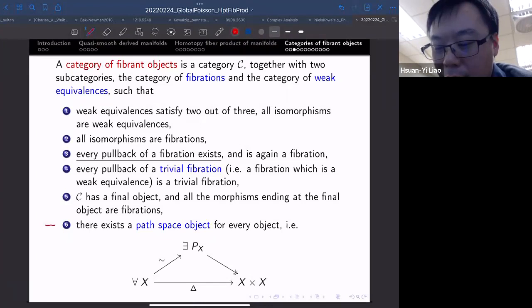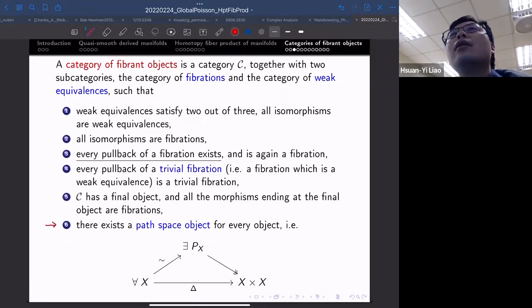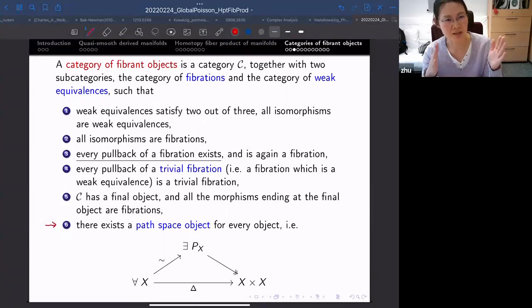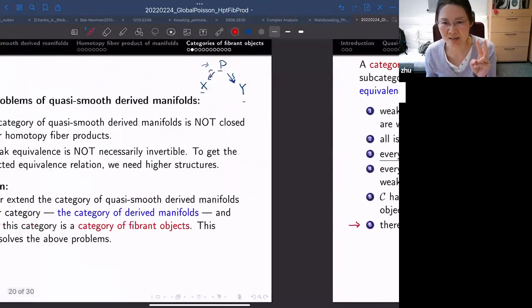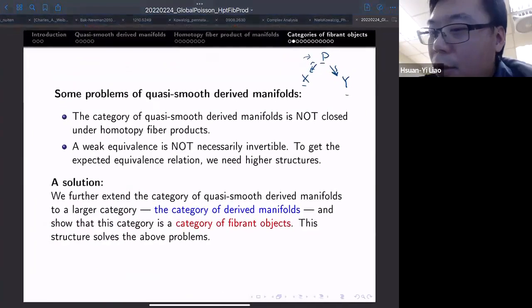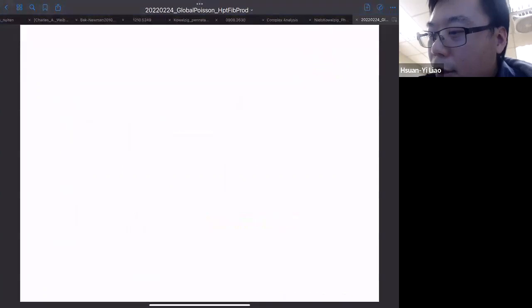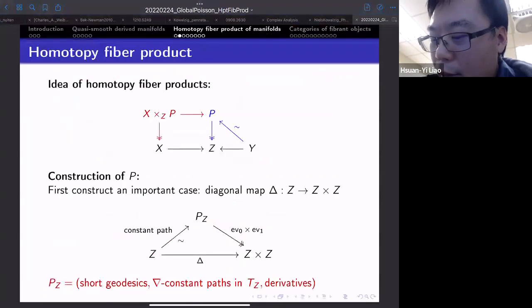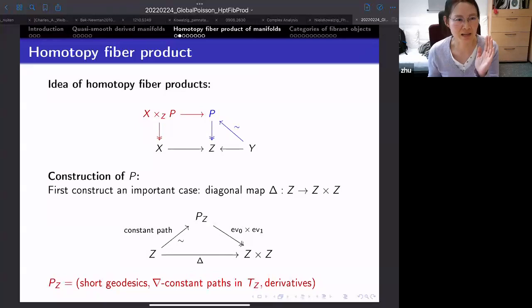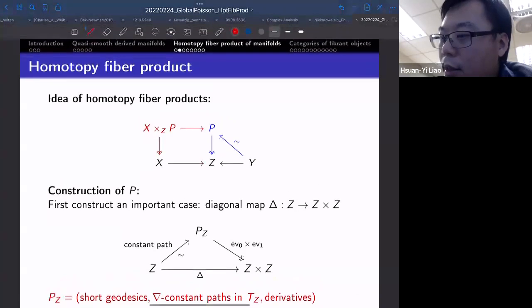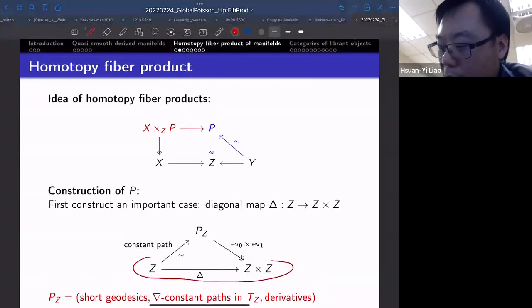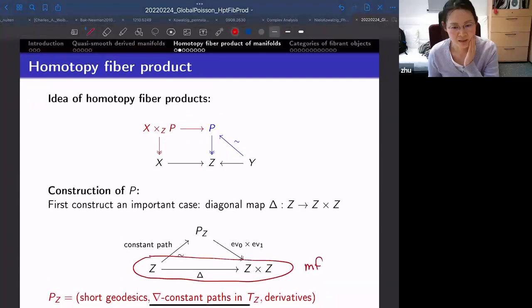In this factorization, we really need to go one more step higher. Here we have a quasi-smooth derived manifold, and note that here is a manifold.